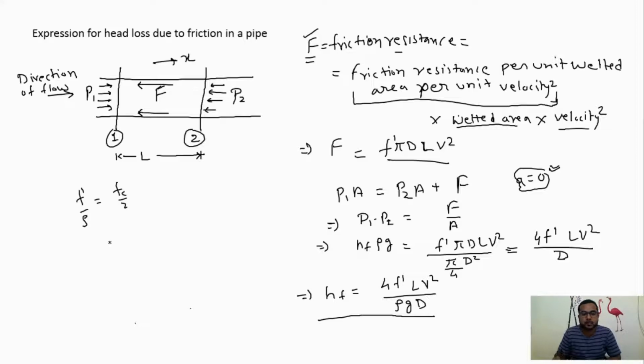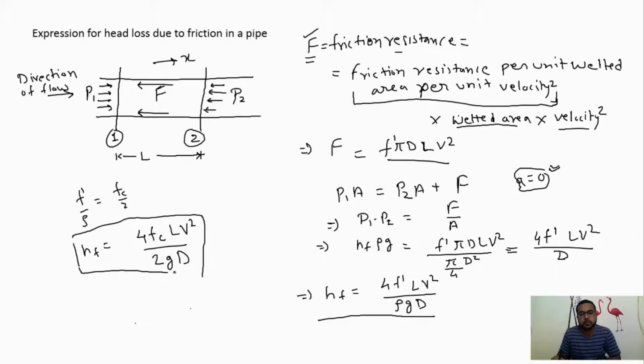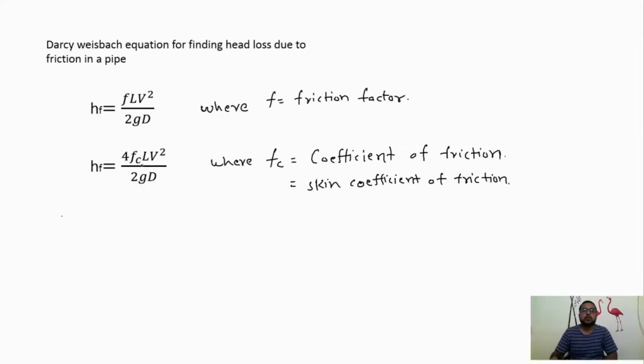So by substituting we will get HF is equal to 4 times FC L V square upon 2G D. So this is an important relation you have to remember, and FC is what? Coefficient of friction.